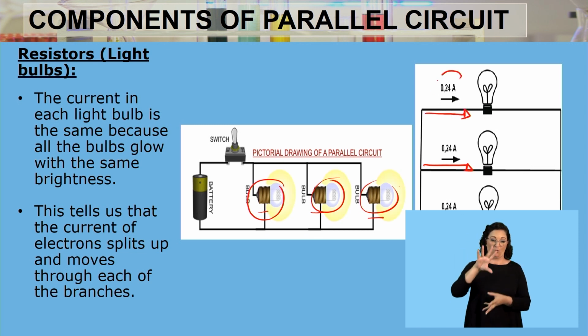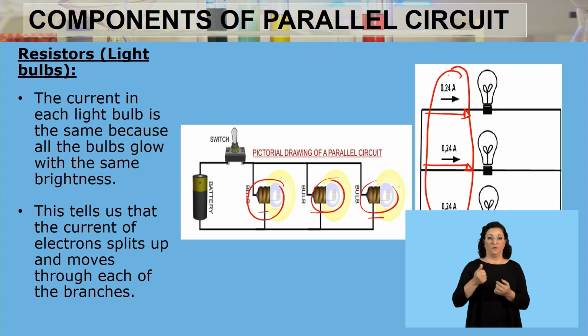However, remember that when the current gets to this point, it needs to split. Some has to go there, and some will go through the third light bulb. When you add all of these currents passing through each of these resistors, they still need to add up to the total current of the entire circuit. So we are not going to lose or gain more current.